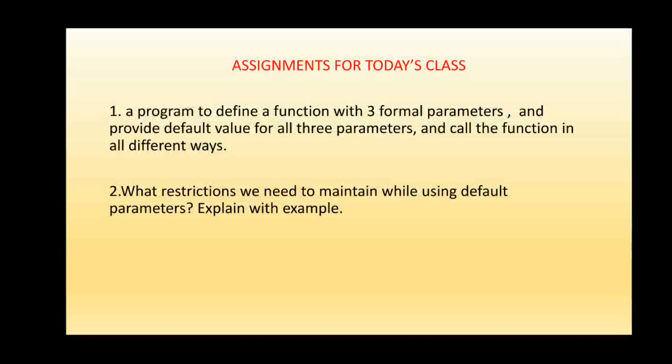That means you have to call the function the first time providing 3 actual parameters, the second time providing 2 actual parameters, the third time providing 1 actual parameter, and the last time, as we have defaulted 3 parameters, you will not provide any parameter. Let all these formal parameters use their default values. So this is your programming task for today.